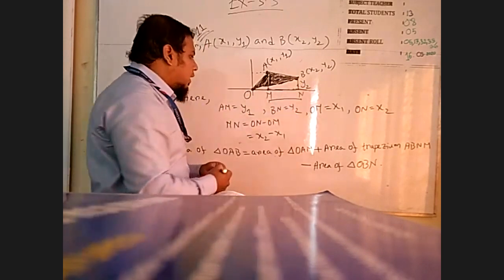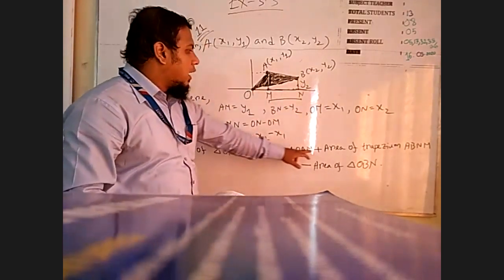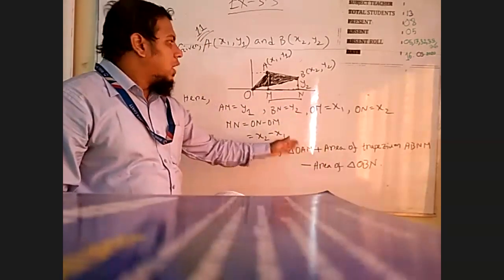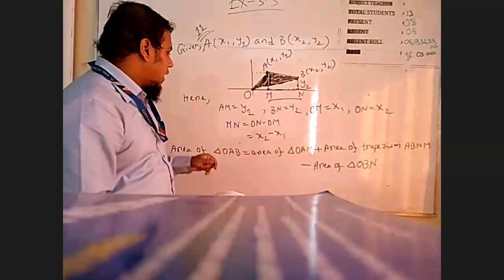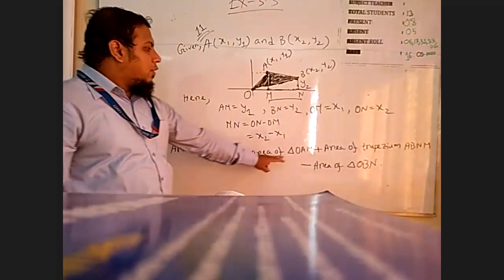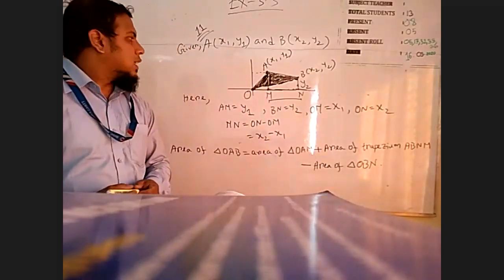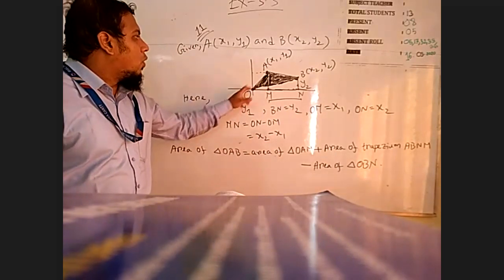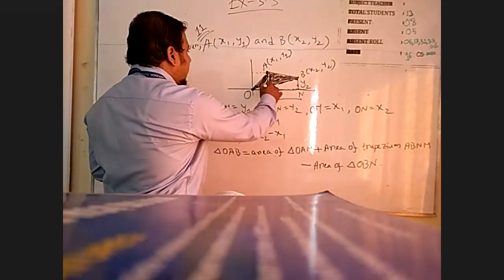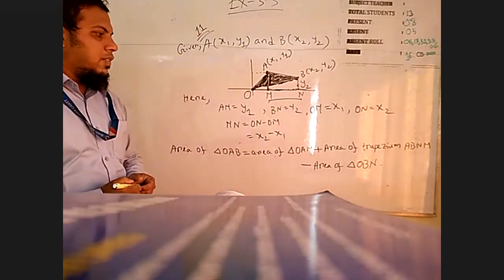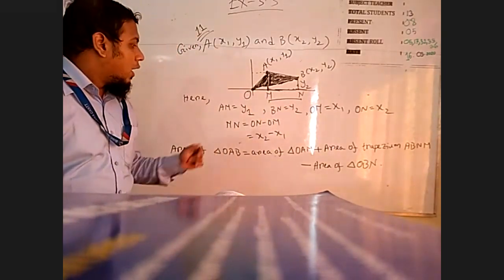At first we add the triangle OAM and the trapezium ABNM, and from the sum we subtract the area of triangle OBN. Okay, so now who can say what will be the area of triangle OAM? It is a right angle triangle. Can anyone say what is the area of triangle OAM?